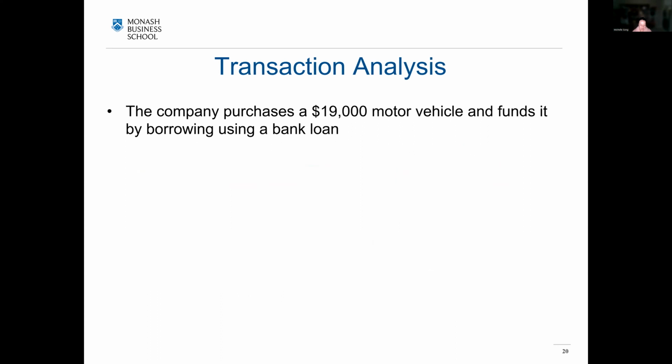Now, let's do another example. We have a business that purchased a 90,000 motor vehicle and financed it by borrowing. First of all, we have to identify the accounts that are affected. You can see a bank loan here, which is a liability. So one element is a bank loan liability account.